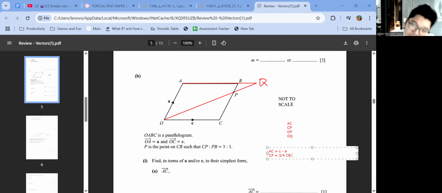And we know CB is parallel to OA, and that means that this is just 3/4 of A, right? And then how do you find OP? OP is just 3/4 of A, which is CP, plus your OC, which is your C, and that's your OP, right?